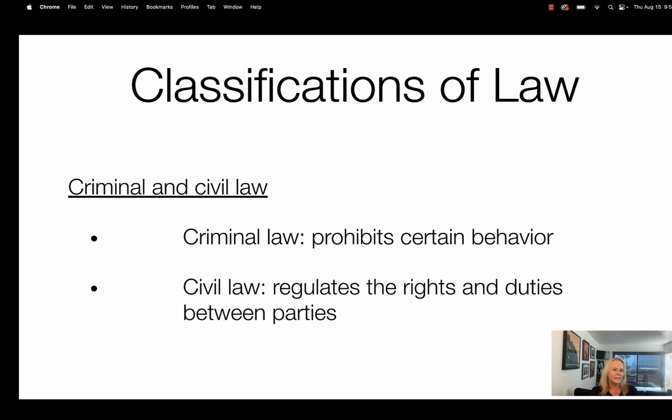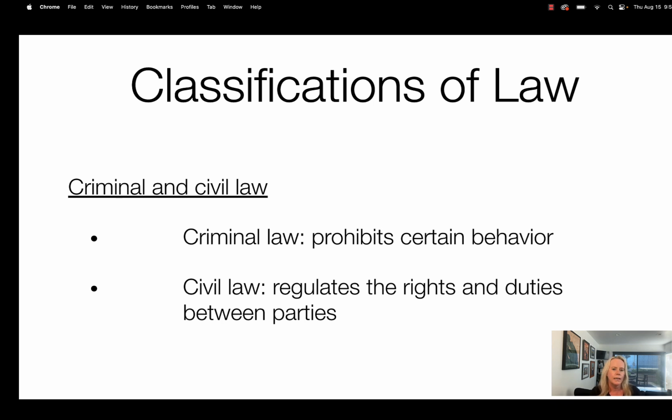Looking at classifications of law, civil law and criminal law are probably the two biggest areas of law that predominate in our society. Civil law regulates rights and duties between parties: contracts, how you interact with MiraCosta College, things like that.